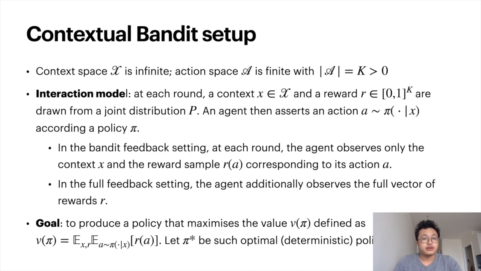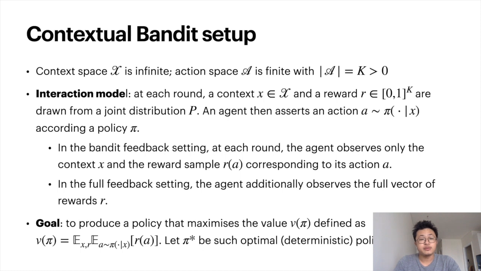Let's come to the setup of the contextual bandit. Contextual bandit is a simple decision-making framework. We start with the context space S, which is infinite in this case. The action space A is finite, with K the number of actions.